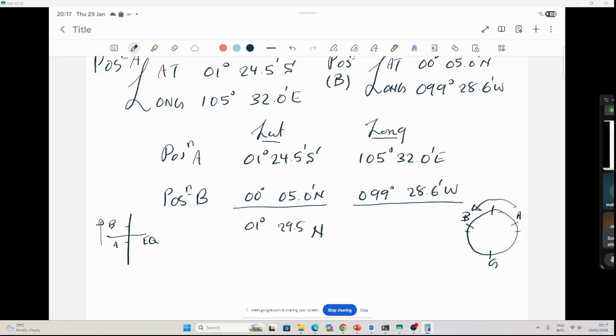So, 1 minute, guys. Okay, right. So 32 plus 28.6, which is 60.6, 0.6, and 105 plus 099 plus 1.